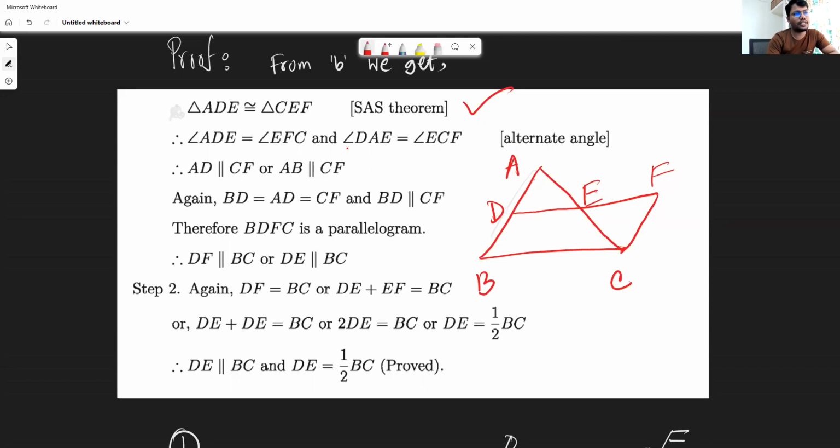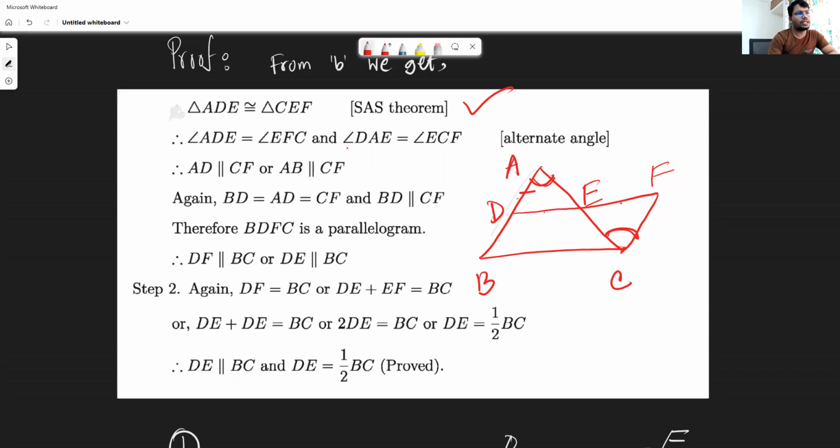So now first step, when they are congruent, we can write angle ADE is equal to this angle, because their opposite sides EF and DE are equal, so their opposite angles must be the same.